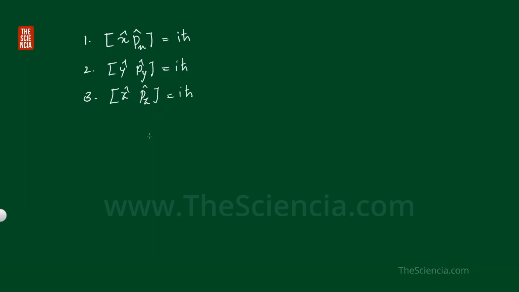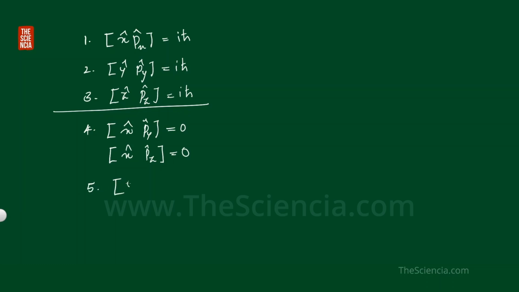And if you solve for the other combinations, the commutator bracket of x cap with py cap, you will get 0, and for x cap pz cap, again 0. For y cap px cap you will obtain 0, and y cap with pz cap also 0.